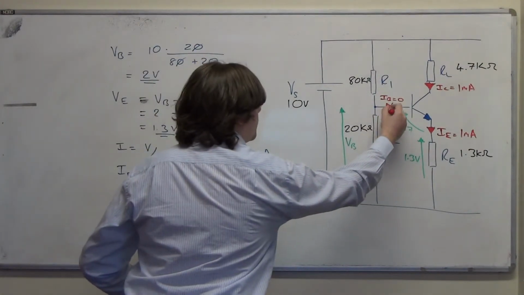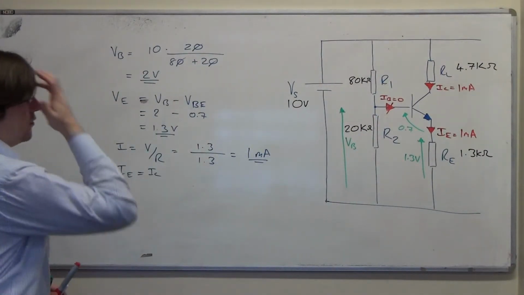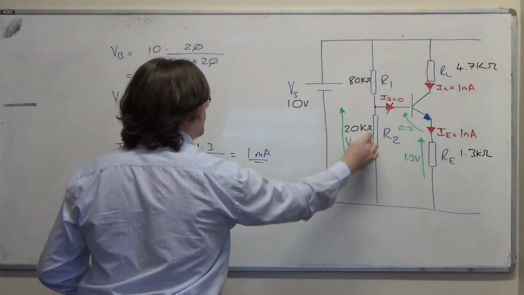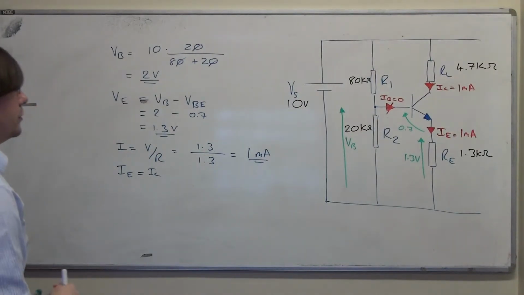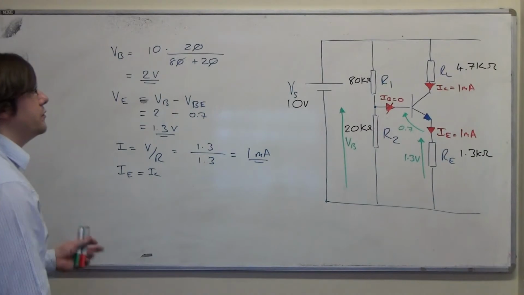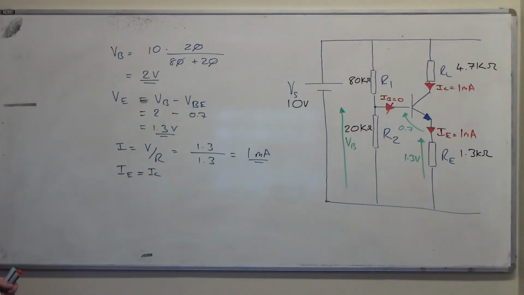So I can just put a line through. As long as we're careful about the HFE of our transistor, it has to be nice and big. As long as we're careful about the current that flows down here, then we're okay. IB has to be a very small fraction of the total current that flows down there for it to be a valid assumption.